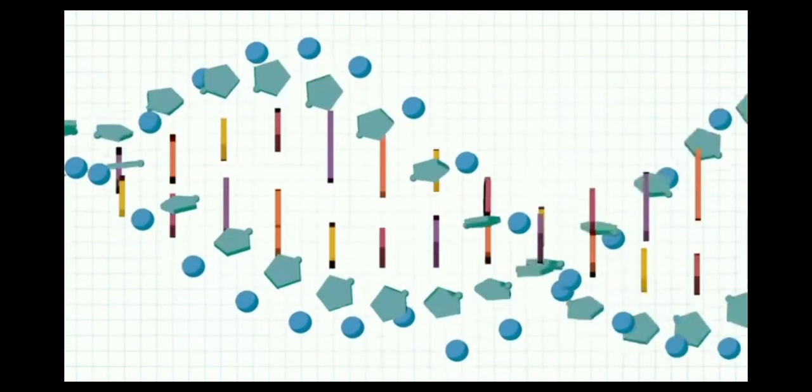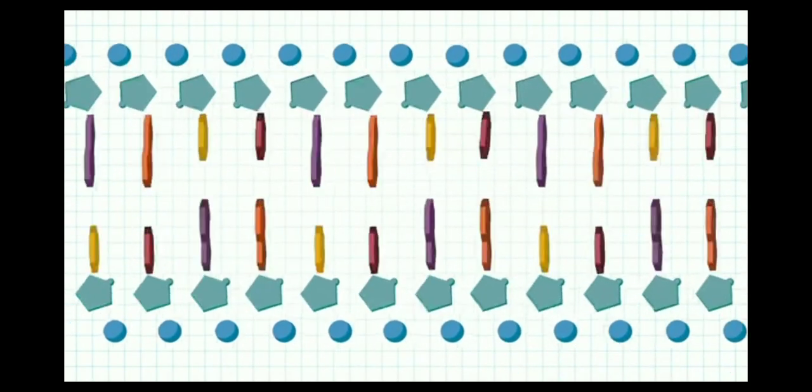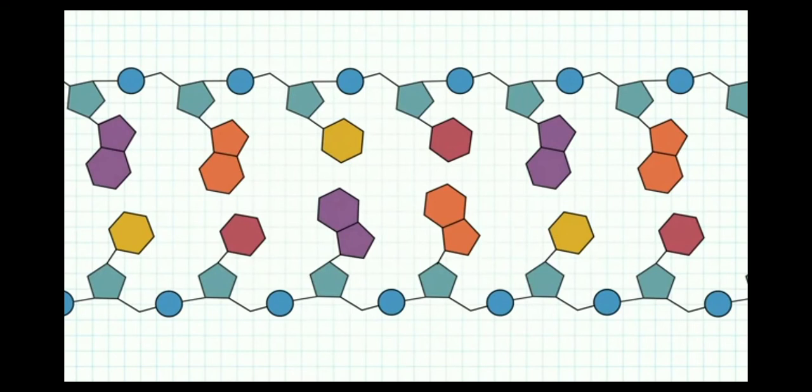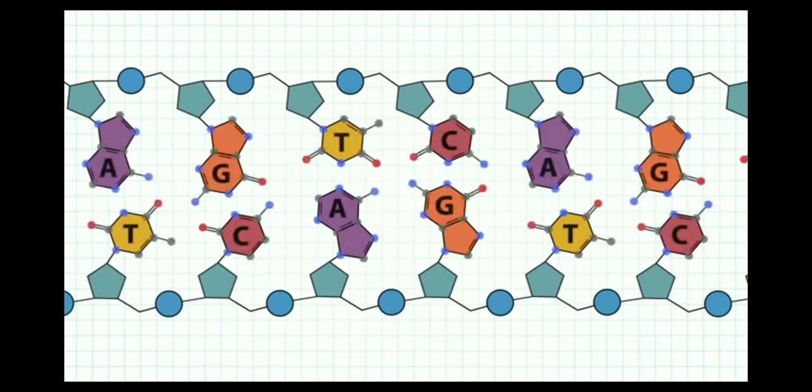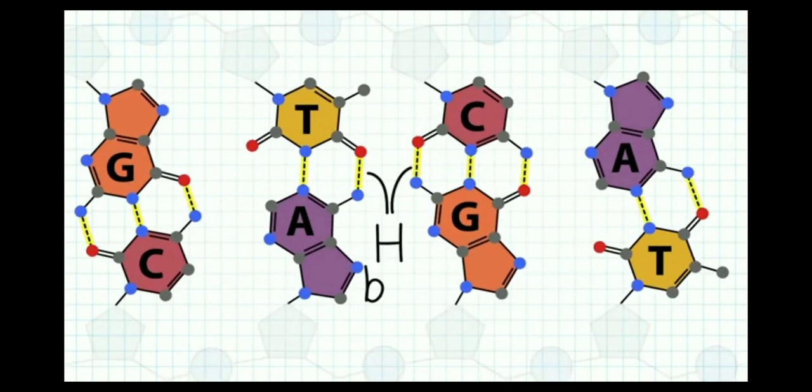Now you can see, student, how the nitrogenous base pairs are joining together. Adenine and guanine have a similar type of structure.